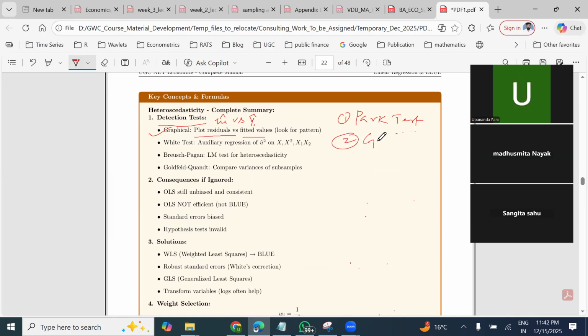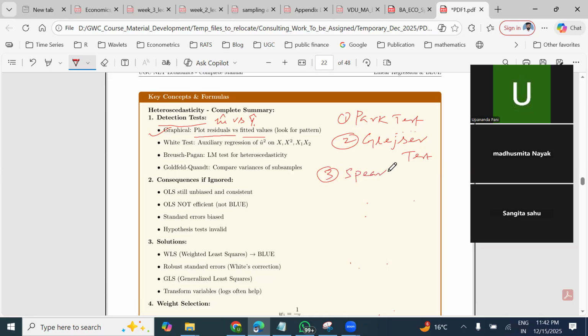Then the Glejser test. This is another formal test used to detect heteroscedasticity. Today in the session they were discussing Spearman's rank correlation test, how you will estimate it.